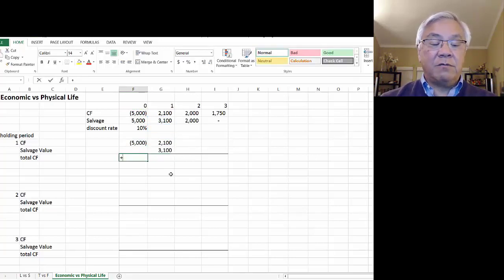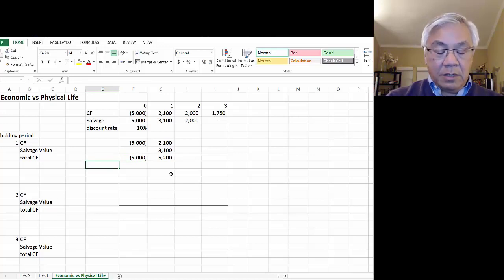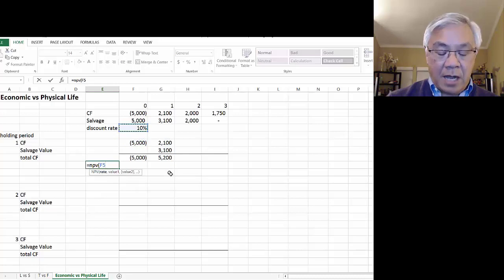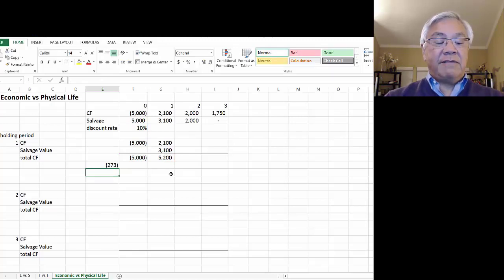So the cash flows would be $5,200. Then NPV, discount rate of 10%, comma, the cash flows, plus the outlay of 5,000. So negative 273 in this case.